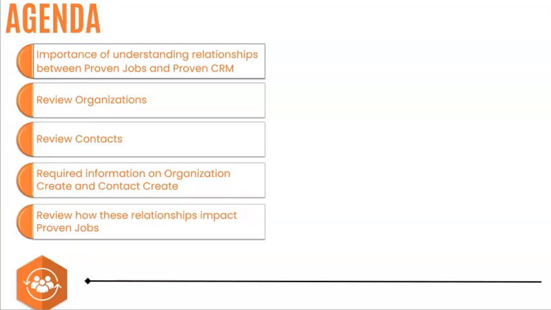We will also look at the utilization of the different fields within organizations and contacts for filtering within the different modules in the CRM. We will also review the required fields when creating organizations and contacts. And finally, we will take a look at how these relationships impact job relationships in Proven Jobs.